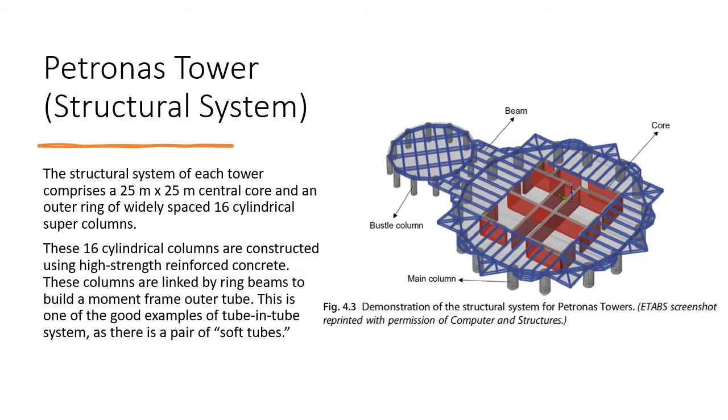These 16 cylindrical columns are constructed using high-strength reinforced concrete. These columns are linked by ring beams to build a moment frame outer tube. This is one of the good examples of tube-in-tube systems, as there is a pair of tubes.